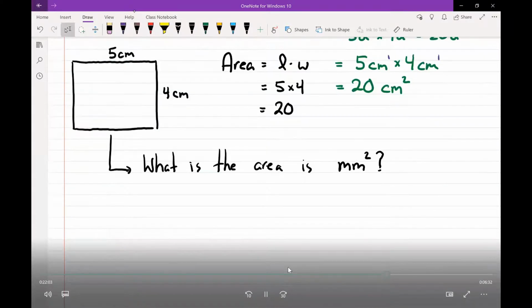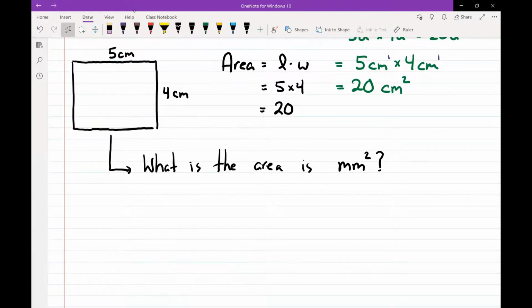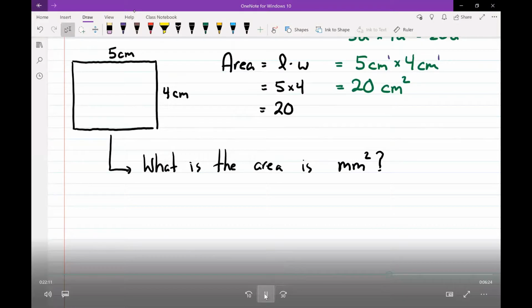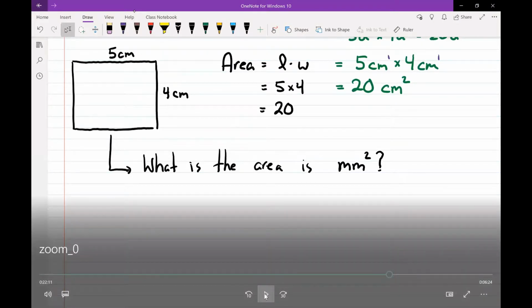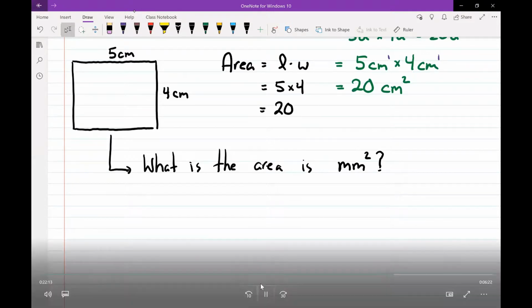Okay, so a couple ways to do that. One is you could convert the current lengths into millimeters.